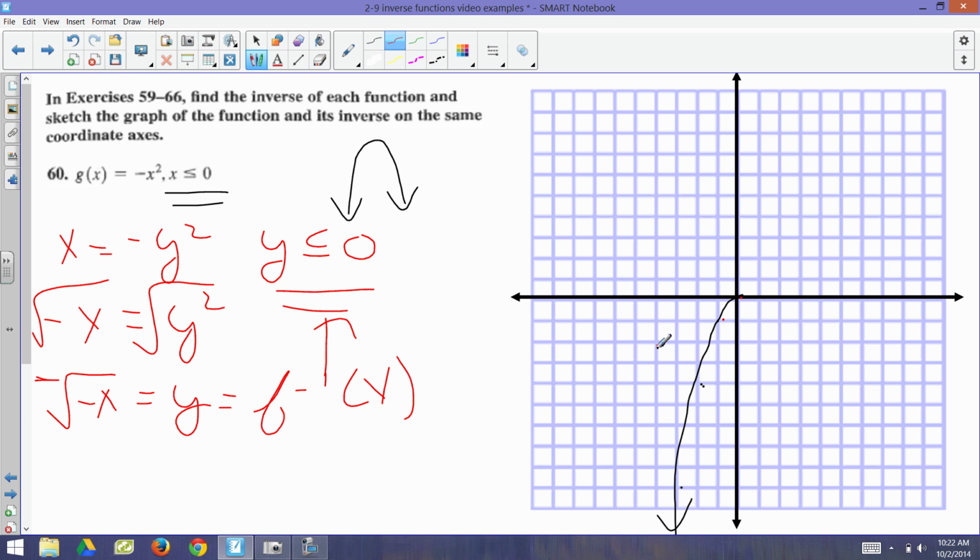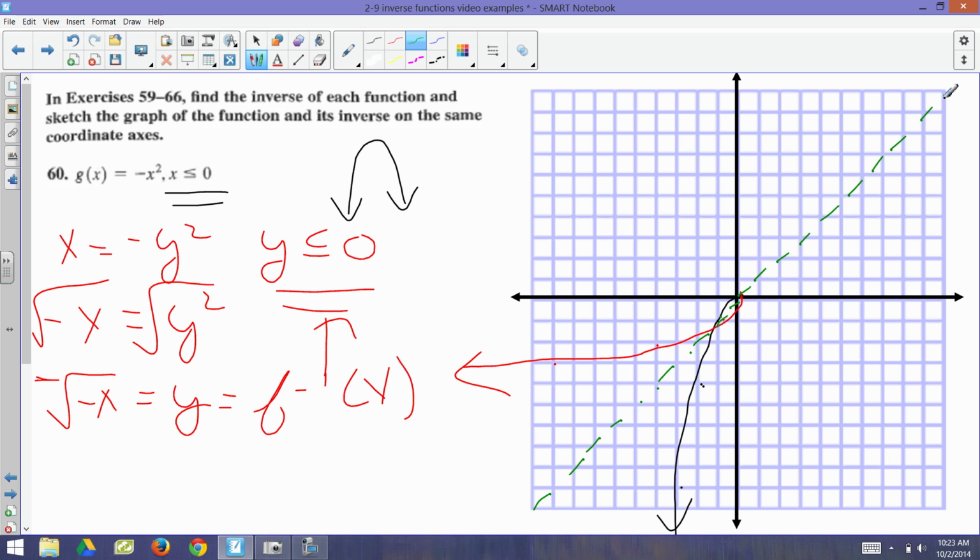So the inverse function looks something like this. Okay? And notice, it better be a reflection around this diagonal line here. And it is. That's the line y equals x. And it is a reflection around that. So I found the inverse of the function.